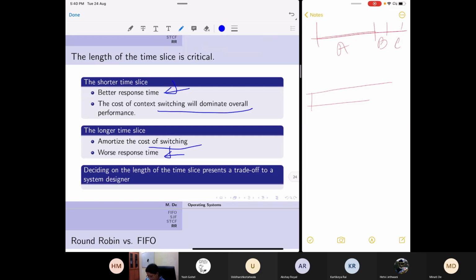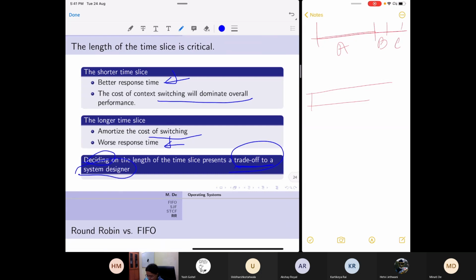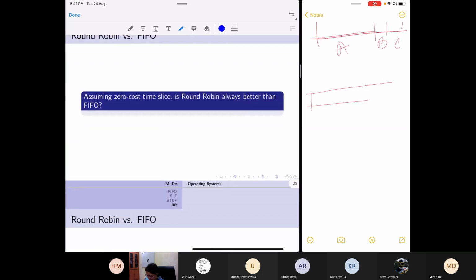Okay, and there is always a trade-off, right? This is the trade-off for the system designer. They need to decide what the time slice should be, with respect to which your system will perform better. They need to design that before giving the time slice. Okay. Good.